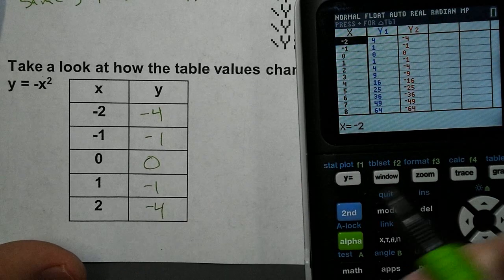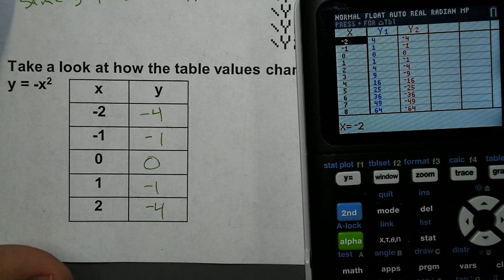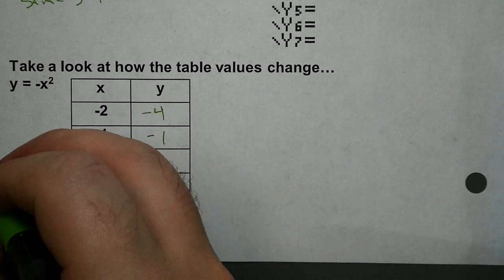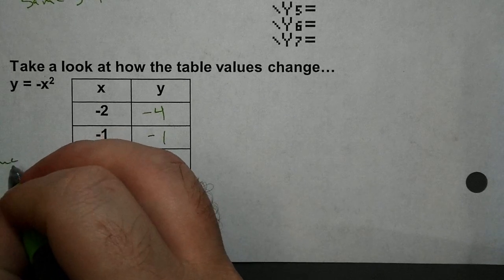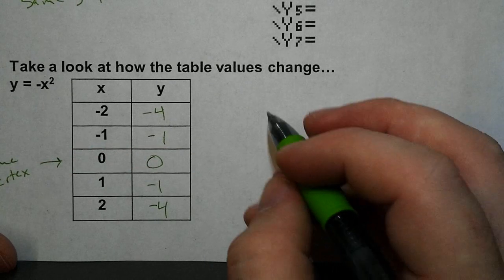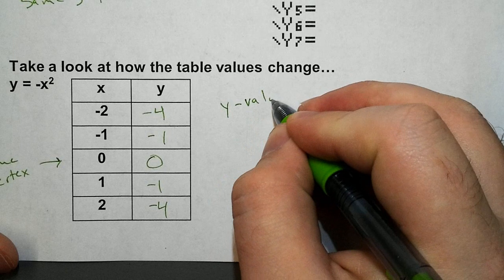So as you can see, all of our y values are just the negative version of what the y values were over there. So we've got the same vertex, and then your y values just change signs.